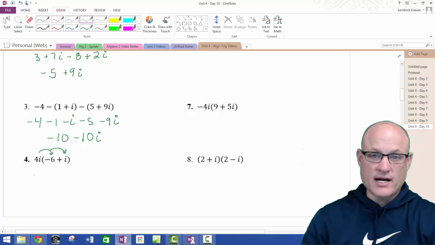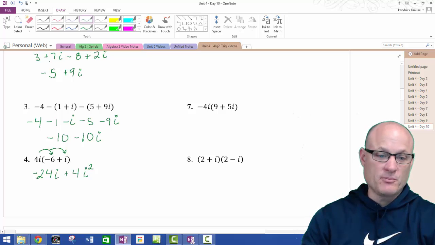So 4i times -6 is -24i plus 4 times i squared. It's i times i. But you need to remember, based on what we did already, that i squared is really negative 1.